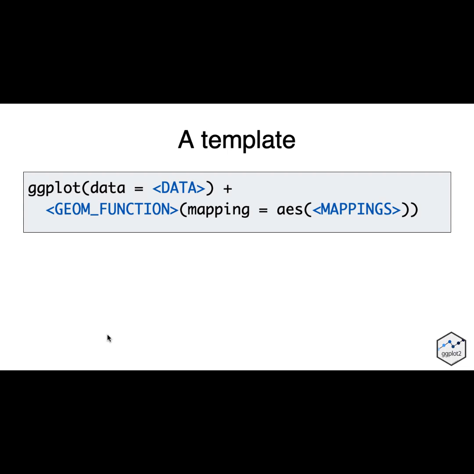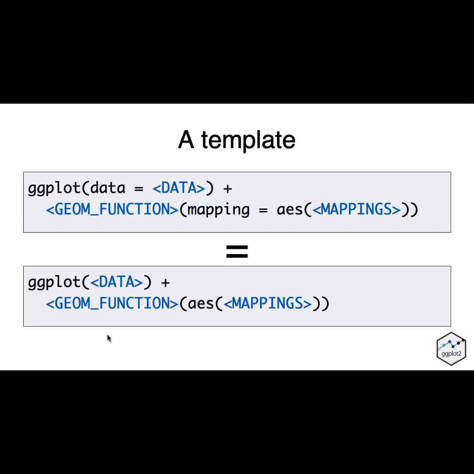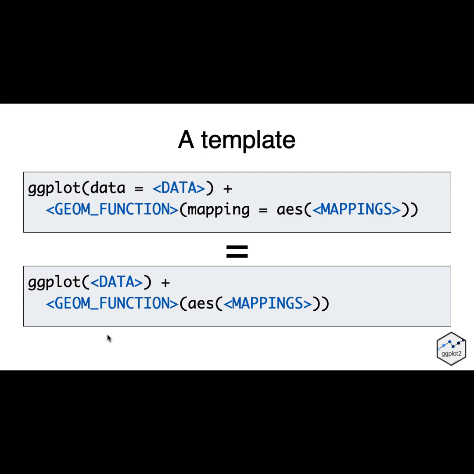But I want to make a note about this because this isn't necessarily how you're going to see these written every time, and that's because you can actually run this code without writing data equals or mapping equals. You can just write ggplot parentheses the name of your data set and then your geometric function and your aesthetics, because it knows that aesthetics are mappings. And this is generally how you will see ggplot code written everywhere, and mostly for the rest of this talk as well.